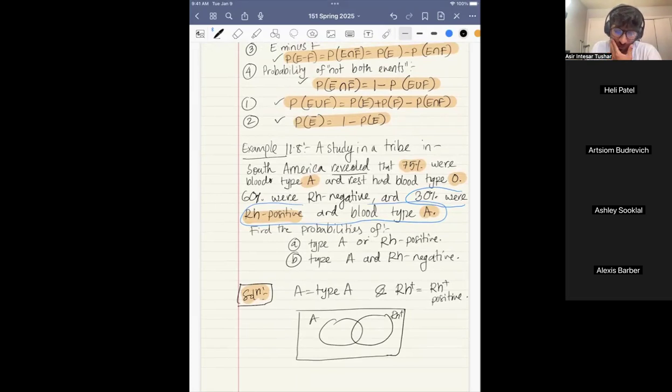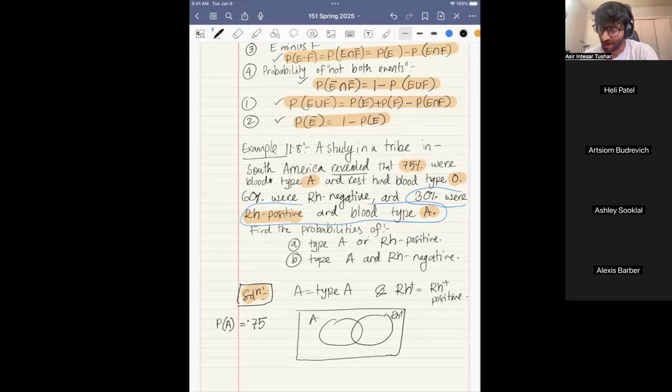I know it's a lot of information. So Ashley, if you're still there, do you know what should be the probability of A from the first line? 75% were blood type A, so it means what? Yeah, 0.75, right?